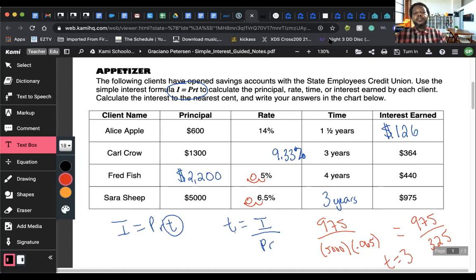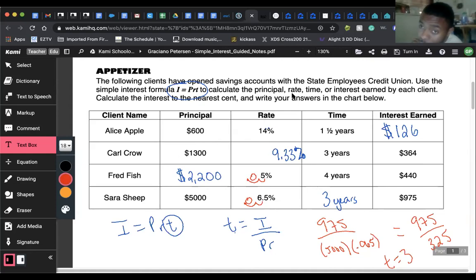What questions do we have so far? Nothing so far? I kind of remember that too when you said about interest rate. I didn't remember we did that last time before time.